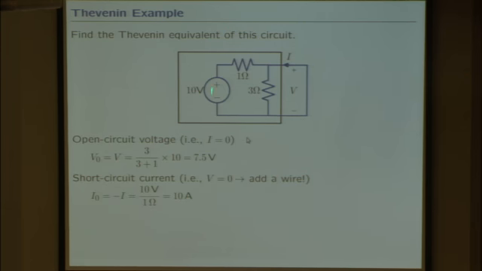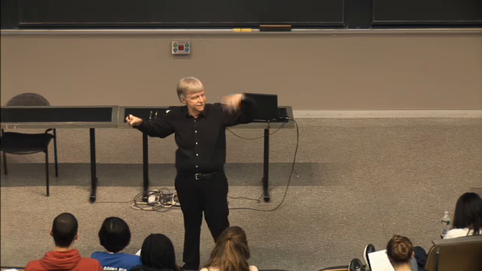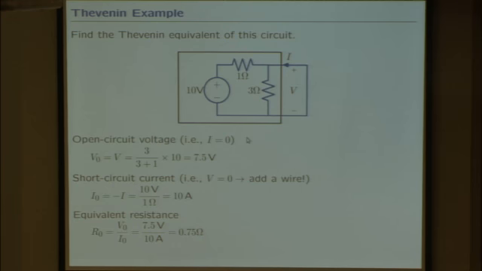So that means that the total current that flows is 10 volts divided by 1 ohm, which is 10 amps. And then I know that the equivalent resistance is the ratio of the open circuit voltage to the short circuit current, except I have to worry about the minus sign. And so I end up with the equivalent resistance being the 7.5 volts, which is the open circuit voltage, divided by 10 amps. So I get 0.75 ohms.